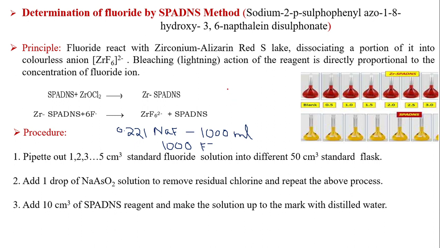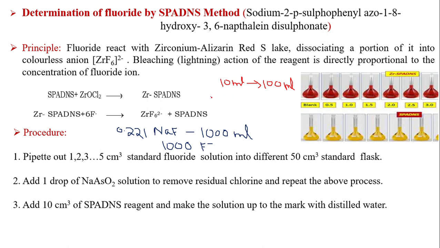For example, we take 10 ml of the above solution and make it up to 100 ml using distilled water. How do you calculate the concentration of this?